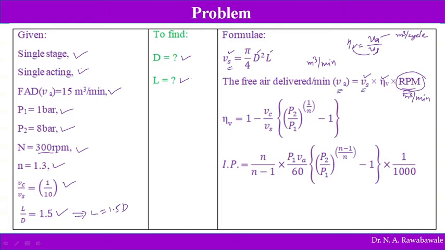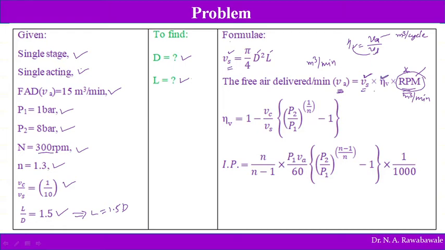Here VA is in meter cube per minute, therefore we multiply by RPM. If VA is in meter cube per cycle, then we need not multiply by RPM. So to know VA, we must know Vs, volumetric efficiency and RPM.